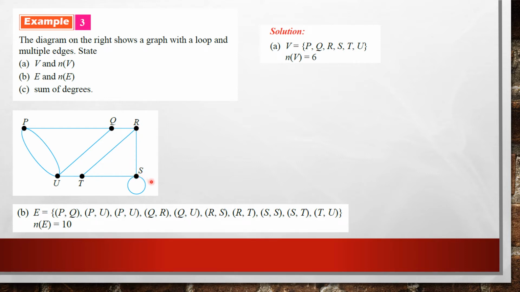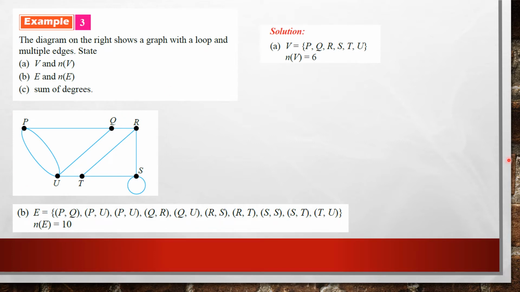For the loop, how do we write it? It starts at S and ends at S, the same vertex, so you write SS. Next you have ST and TU. So this is how we write the edges. When we count, how many edges are there? In total 10. So the total number of edges is 10.